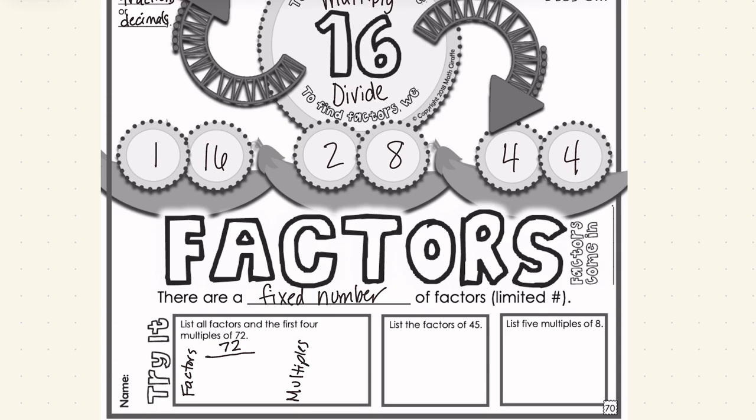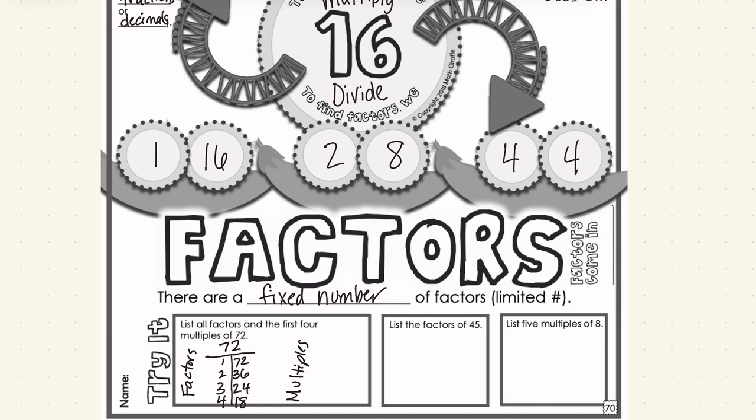We're going to write the 72 up here because that is the number that we are finding, and then we're just going to make a T. Then we're going to say, well, 1 times what is 72? 1 times 72. Then find all of those numbers that are divisible by that number. 2 times 36. 3 times 24. 4 times 18.